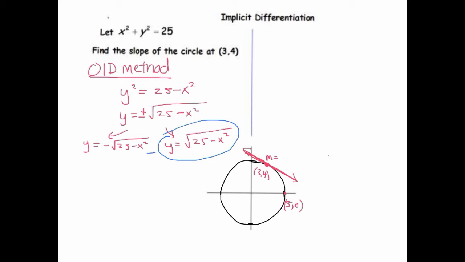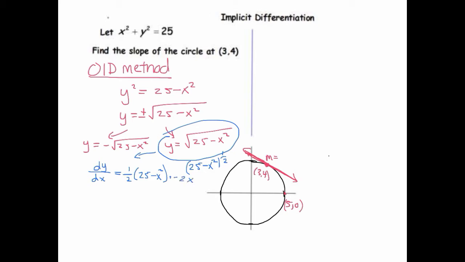So dy/dx, the derivative, is going to be, I'm going to rewrite the square root of 25 minus x squared as 25 minus x squared to the 1/2, which will allow me to use the power rule. So it'll be 1/2 times 25 minus x squared, and then don't forget to multiply times the derivative of the inside, which is negative 2x, because of the chain rule.